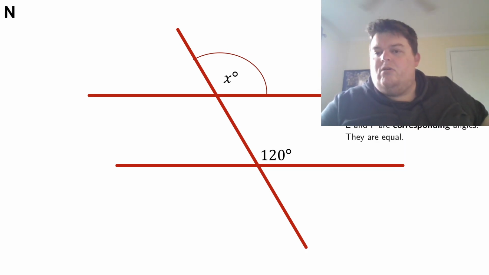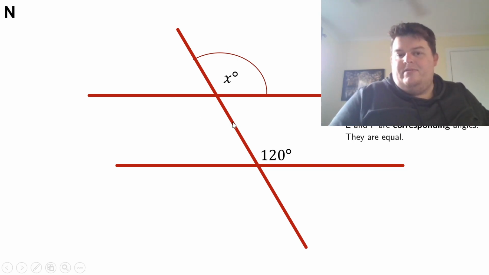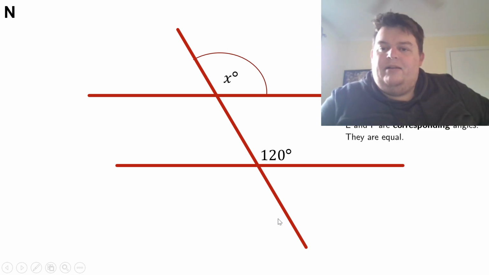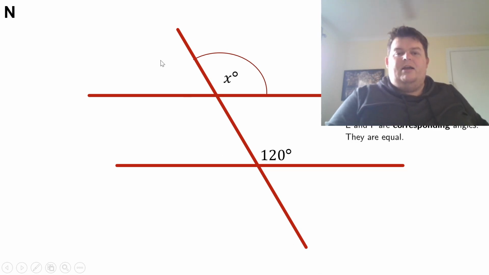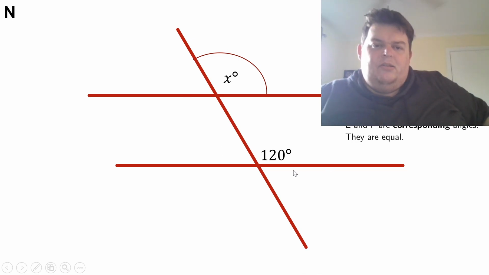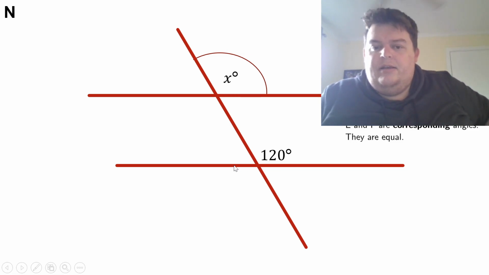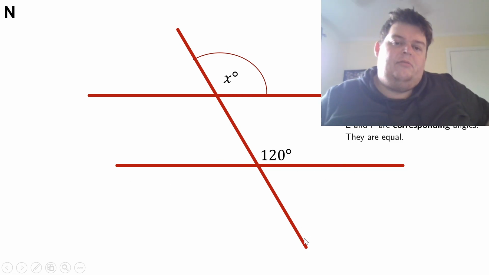So we've got something here called corresponding angles, which is basically an angle matching the angle on the other parallel line. So let's call this line the dividing line, and these are the parallel lines. The angle that the dividing line makes with the parallel line will be the same as the other parallel line making with the dividing line also.